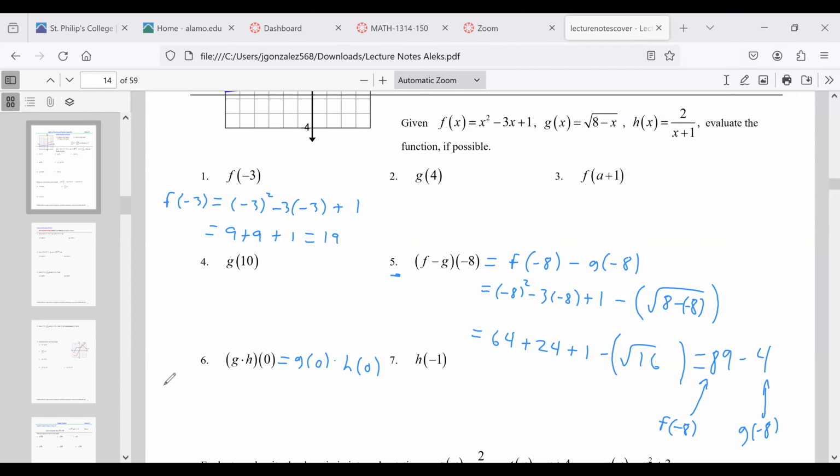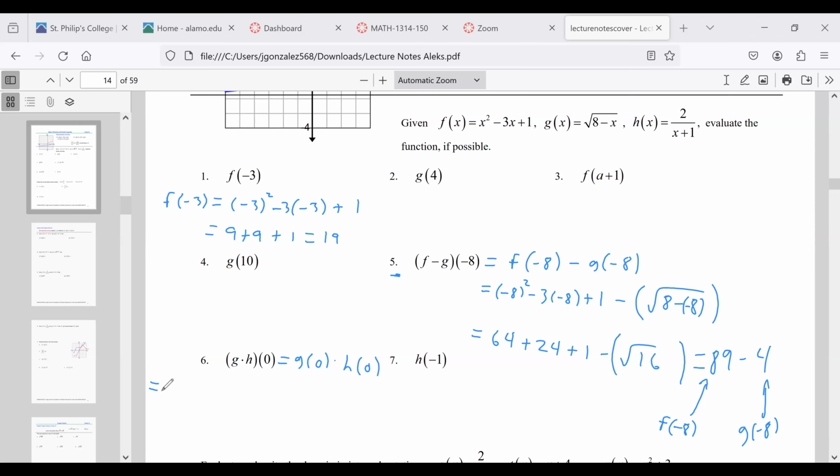Every time they give us a number like zero, and we input it for X or whatever, it has to be in parentheses, right? Yeah, this means you input this number into it, and this is saying input it into the product of the two functions.